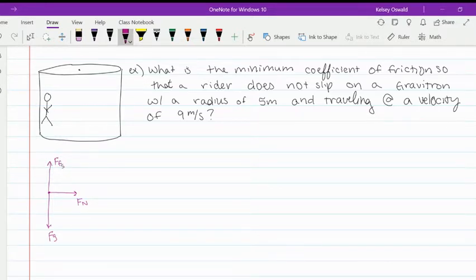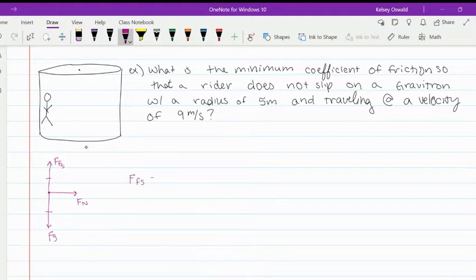And since we're trying to have our rider not slip and not move, this is going to be static friction. Okay. So looking at this, again, since our rider is not moving up or down, our goal is to have him stay still. That force of static friction up has to equal that force of gravity going down. So we know that in order to find our coefficient of friction, we're basically trying to find that force of friction. Okay.